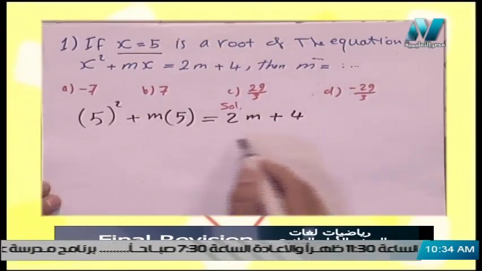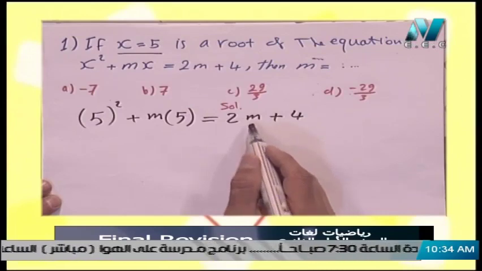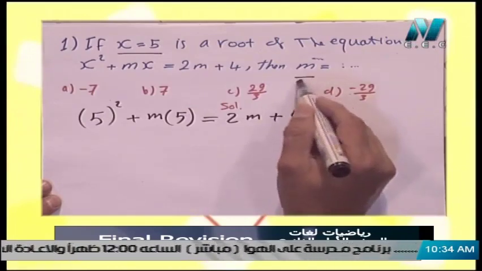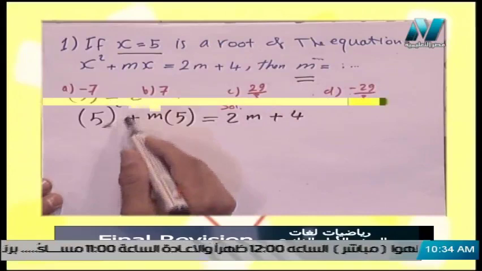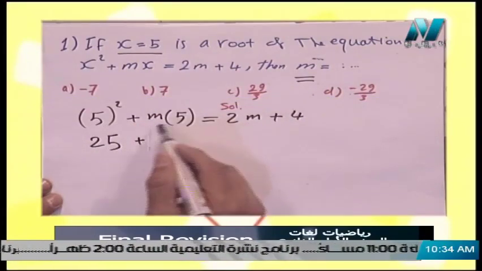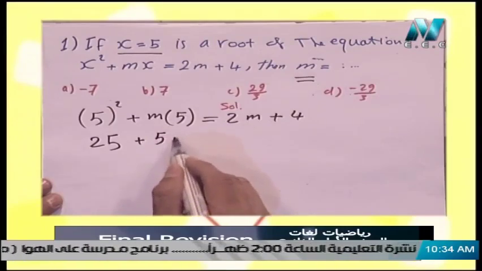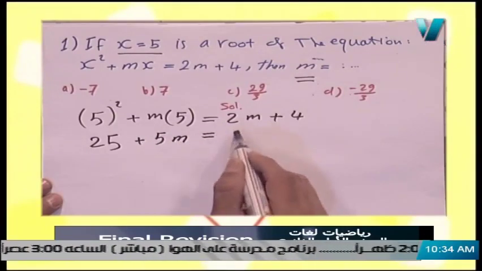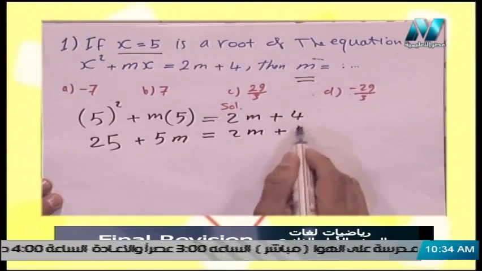We try to solve this equation and find m, which is required here. 5 power 2 equals 25, plus 5 multiply m equals 5m, equals 2m plus 4.